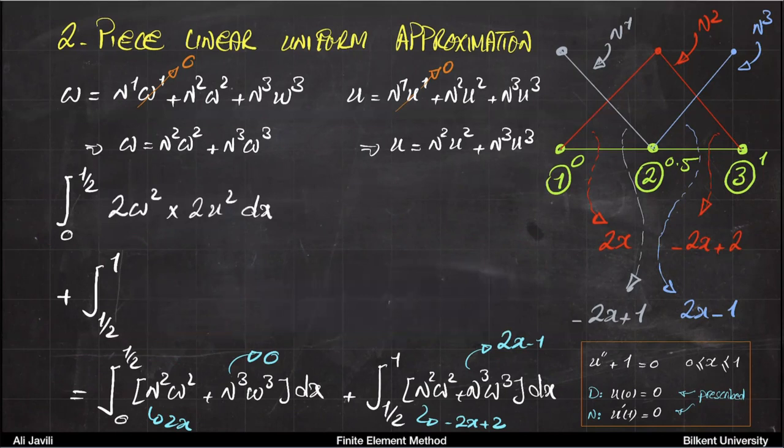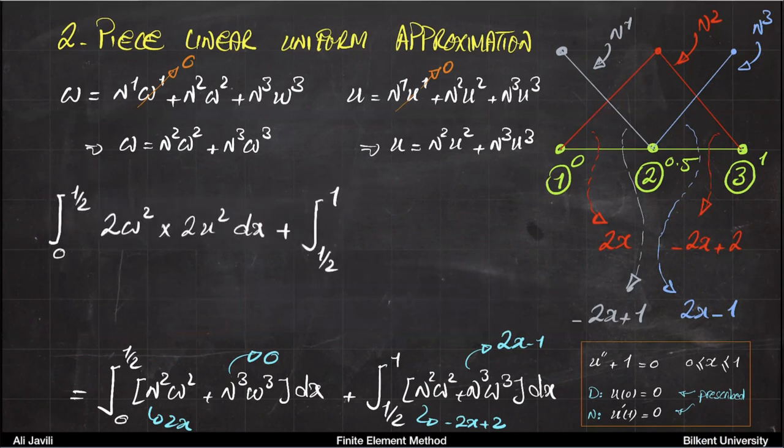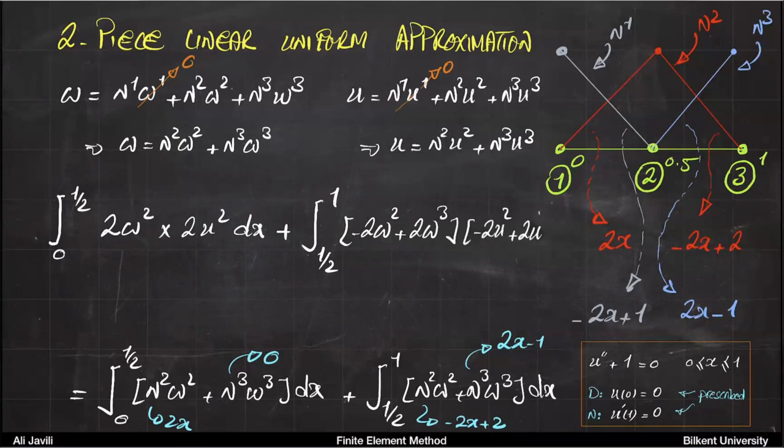The second one would be slightly longer, but not too bad: minus 2w2 plus 2w3, and a similar thing, but now with u instead of w.